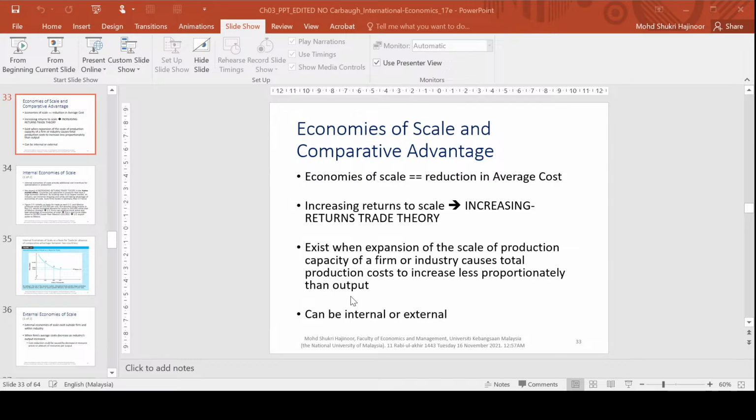With more output, average cost is reduced, resulting in a decrease from $10,000 to $8,000 per unit, the cost or the price.